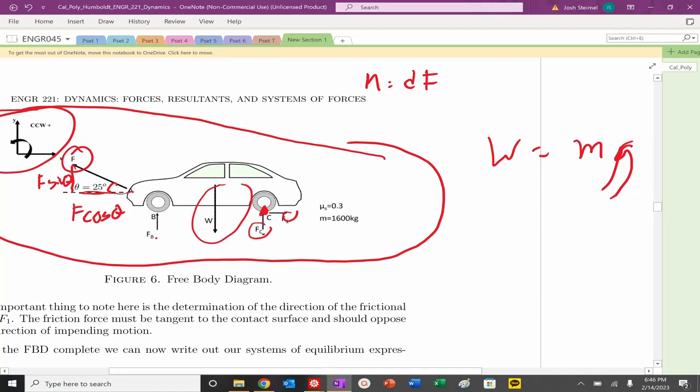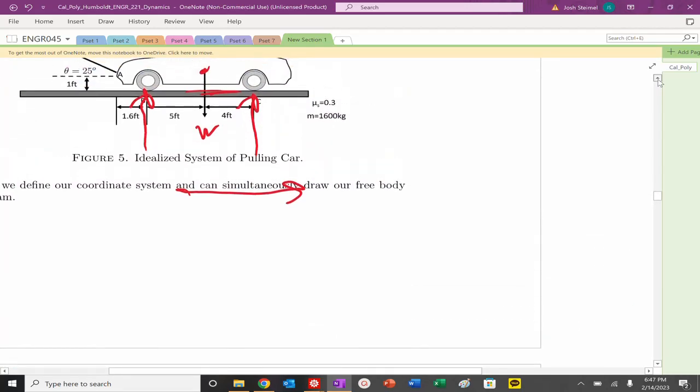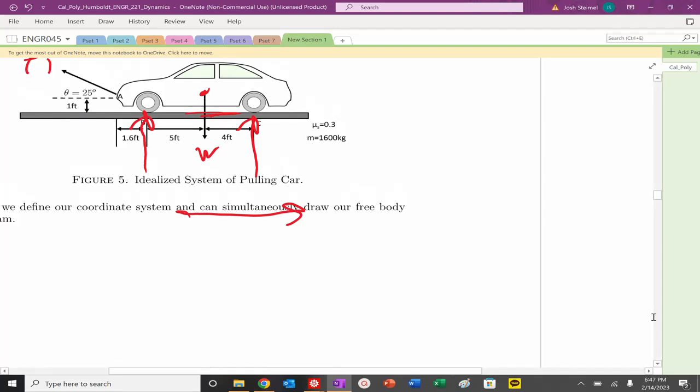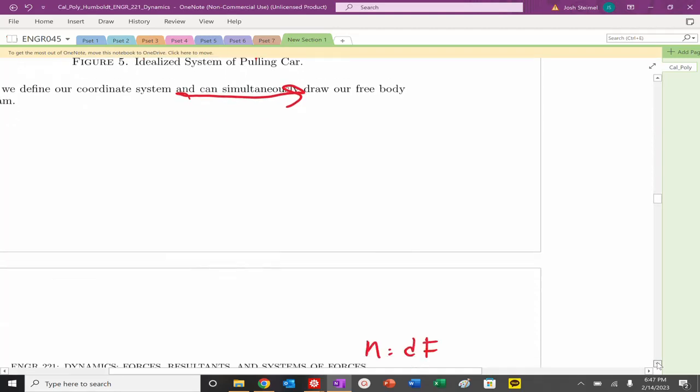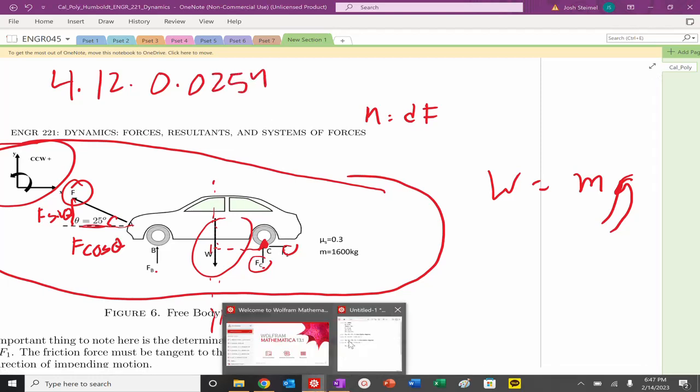So we can look at the line of action here for our weight. What is the perpendicular distance to that arm? Well, let's look up in the diagram above. That's 4 feet. Be careful now. We're in SI units, so I need to convert that: 4 feet times 12 inches times 0.0254, which converts from inches to meters.